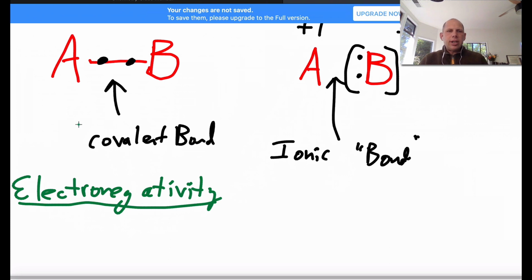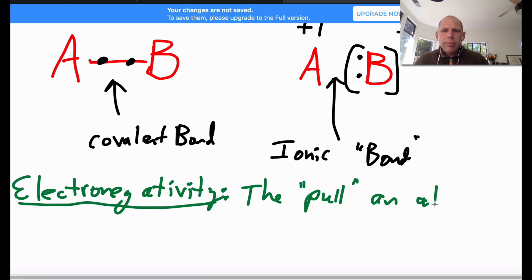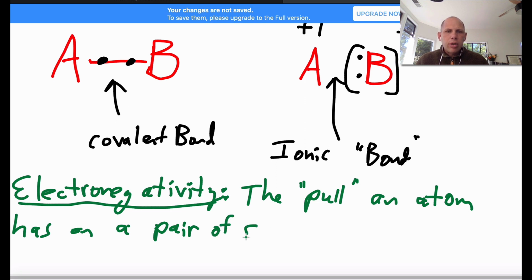Electronegativity, defined in Ramsey terms, is the pull an atom has on a pair of shared electrons.